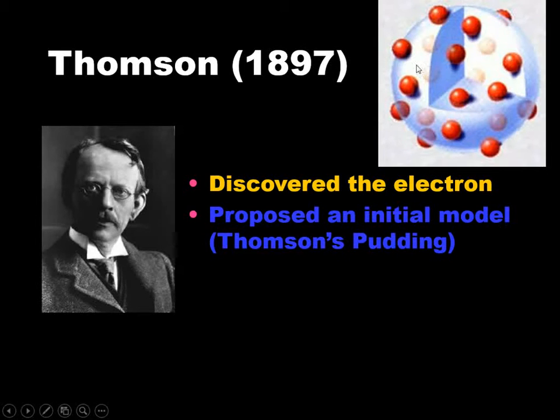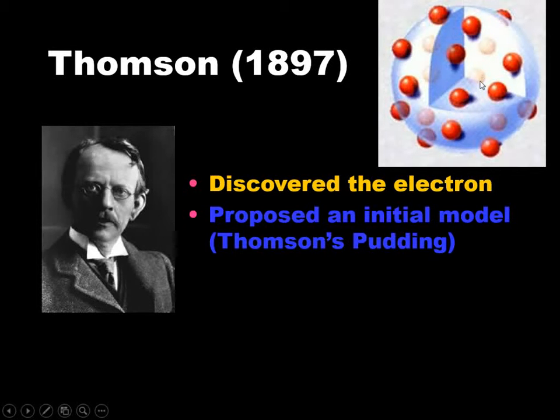So, he proposed this first model. Some of them call it his plum pudding model. Some of them call it chocolate cookie dough model. No, I always know it as the plum pudding model. Some of them call it the raisin pudding model. It basically is that the atom is a pudding, and the electrons are all inside of it, all floating around, and that's represented by the raisins or the plums inside of the pudding.